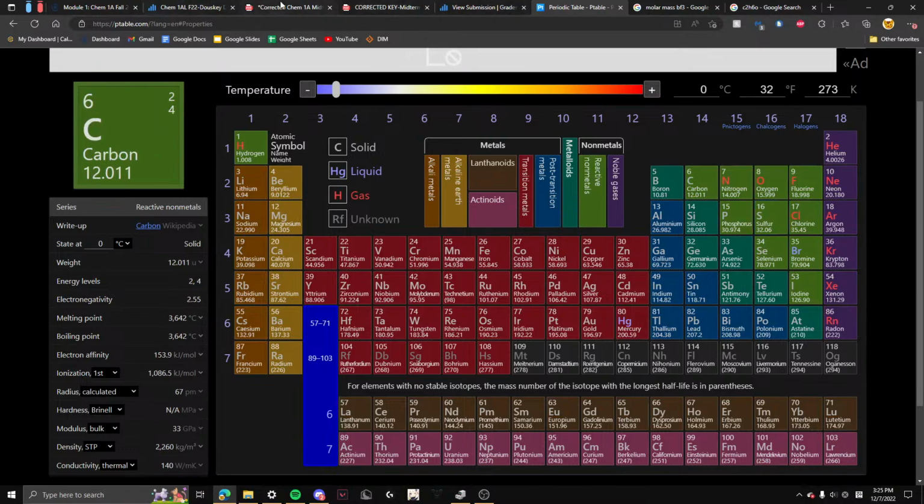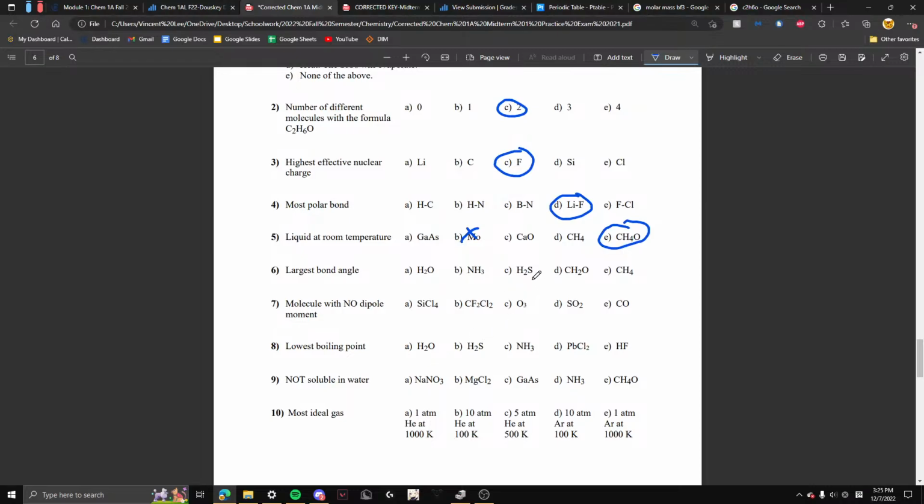Is that tetrahedral? I think that's bent as well. Yeah, I think this is also bent. And then CH2O would be, let me draw it. CH2O. So I think it's C and then O and then H?